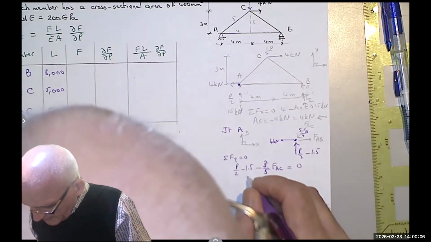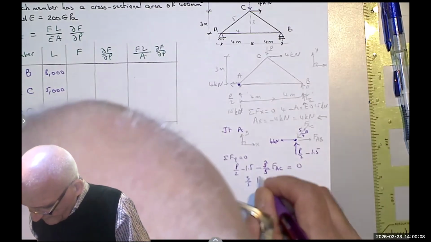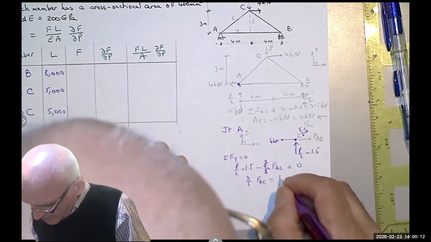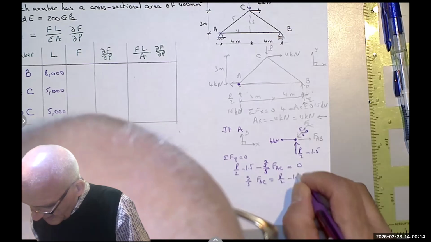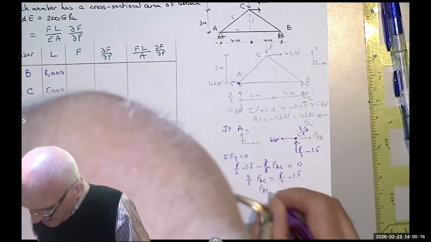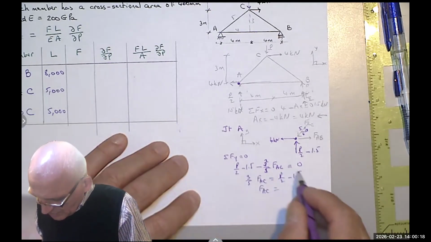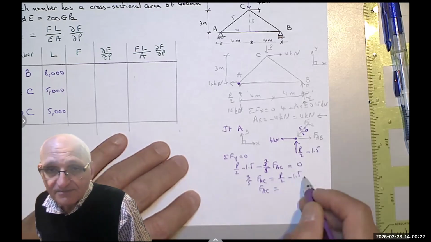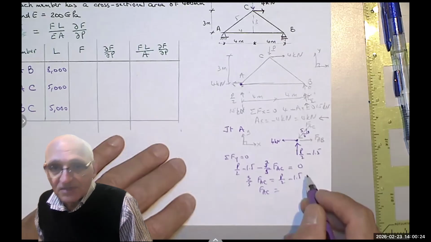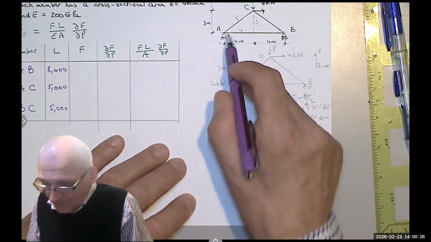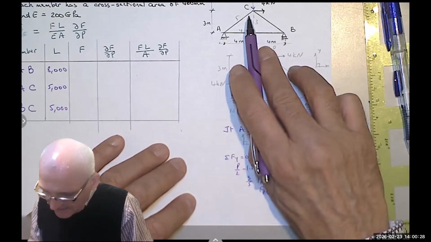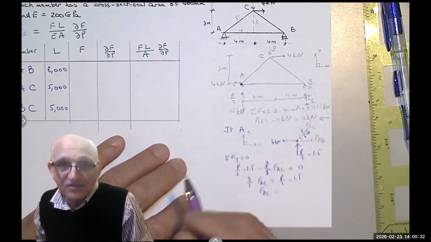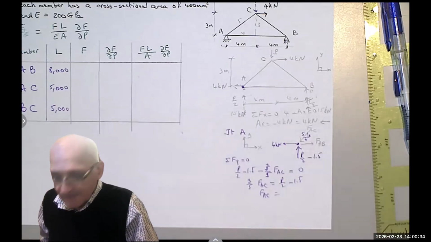So 3/5 FAC, when I move it to the other side, equals P over 2 minus 1.5. So FAC, you would multiply P over 2 minus 3/2 by 5/3. The vertical is 3, so the incline must be 5/3 of the vertical.